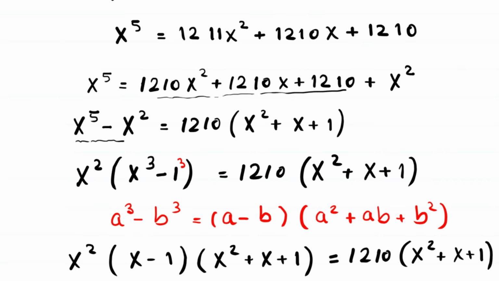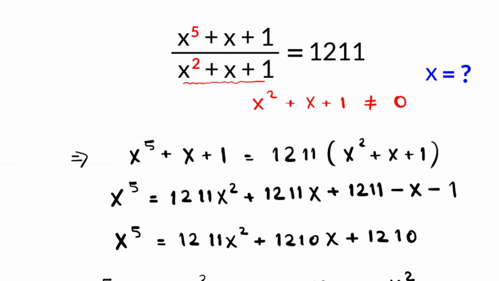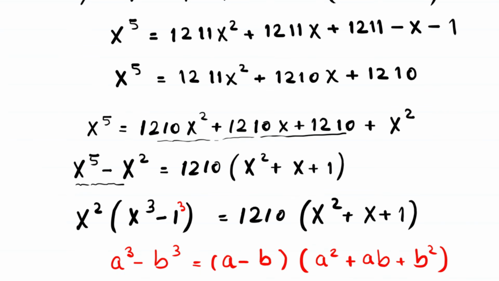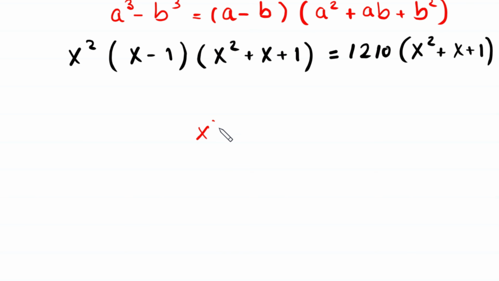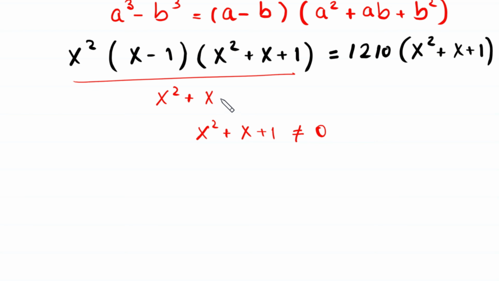Since x^2 + x + 1 is in the denominator, this x^2 + x + 1 cannot be equal to 0. Since x^2 + x + 1 cannot be equal to 0, we can divide both sides by x^2 + x + 1.